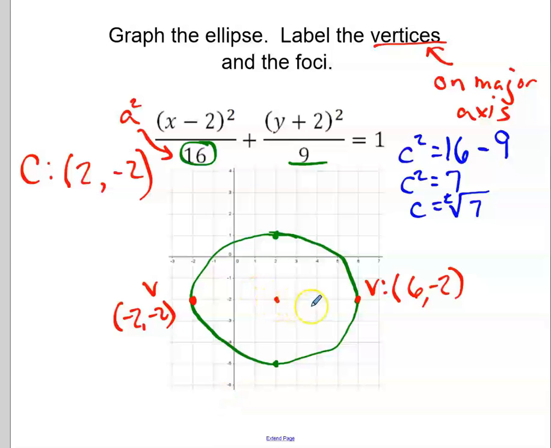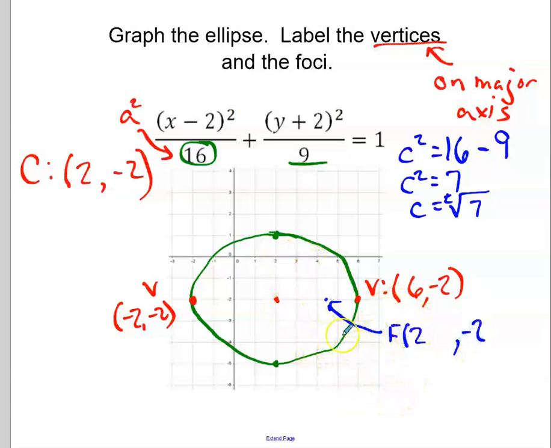So I'm going to go 1, 2, and about half over. That's my first focal point, so I'm going to label that focal point. Now, to actually write that, I don't want to write an approximation, because this is about 4.5-ish, but not quite. So I want to write my focal point as the precise focal point. And the way that I found that is I went from the center. So I'm going to start with the center.